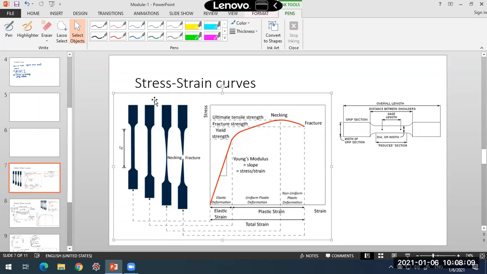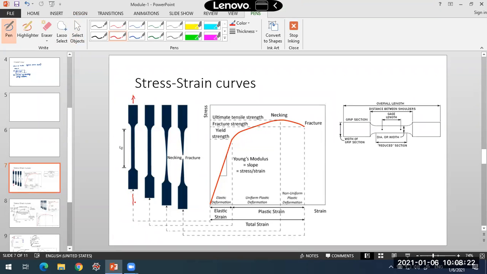What we'll do is apply load on this specimen and measure the increase in the load. This axial load will be increased gradually in a testing machine, and we'll be measuring the load and deformation.